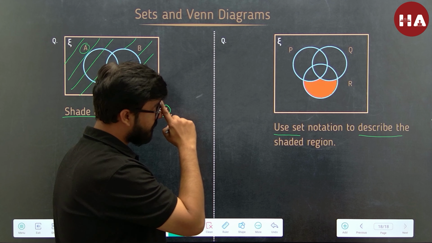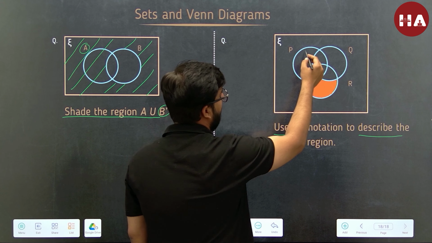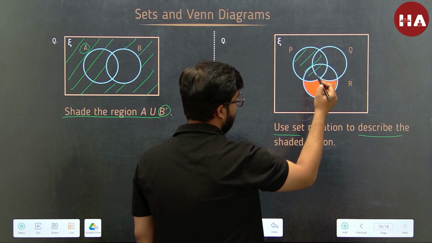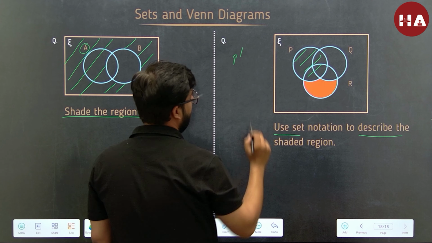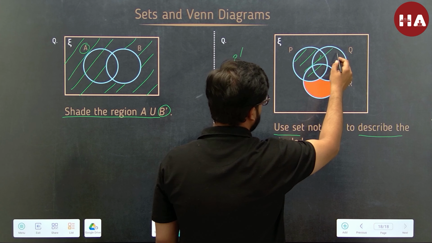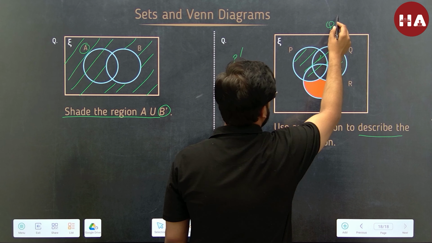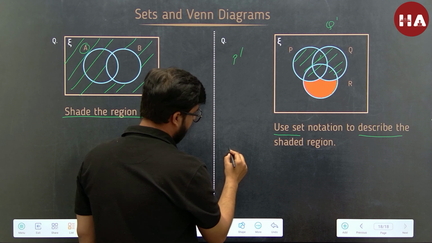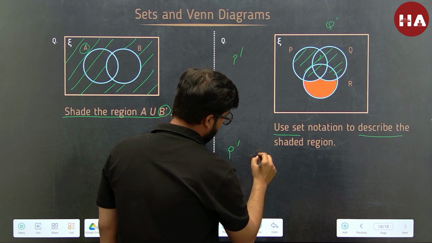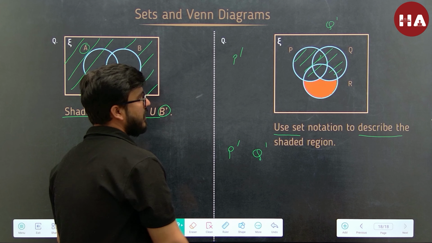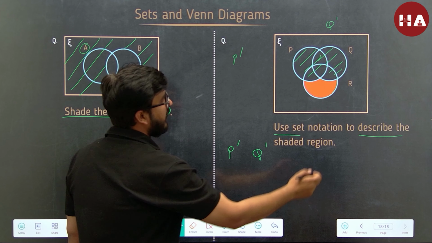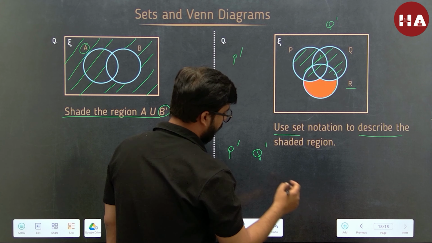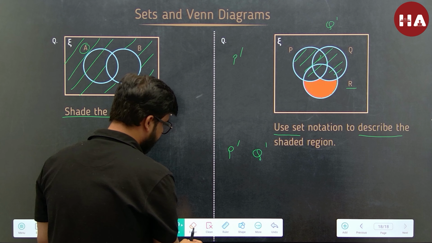Now use set notation to describe the shaded region. In this we are saying that we are not taking P, so we are taking the complement of P. Similarly Q is also excluded, so we are taking Q complement. Considering the complements of both, these complements are intersecting with the region R, that is the set R. So what will be the notation, students?